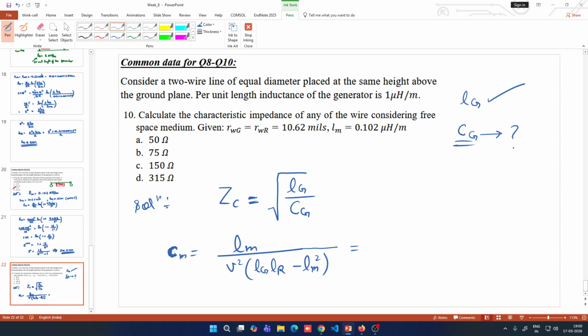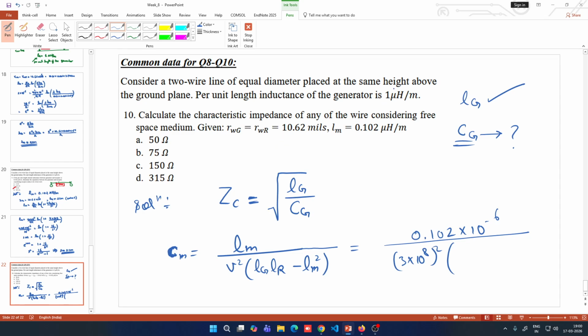Lm is given as 0.102 microhenry per meter, and since we have to consider free space medium, V is 3 into 10 to the power 8 meters per second. So Lm is 0.102 into 10 to the power minus 6 divided by V square, which is (3 into 10 to the power 8) whole square.